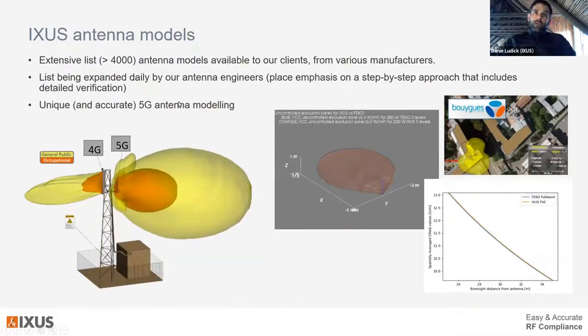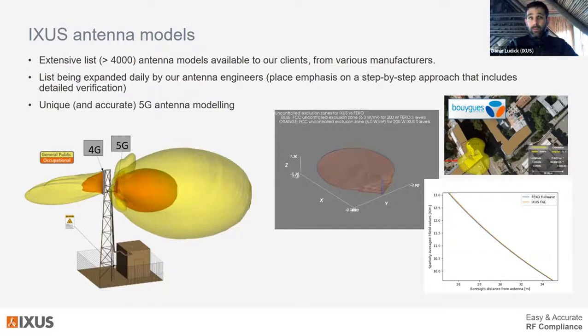So something that I think really set IXUS apart in the industry and makes us a market leader in this field is the length to which we go to ensure that our antenna models are comprehensive. We've got over 4,000 antenna models available on what we call the IXUS portal.